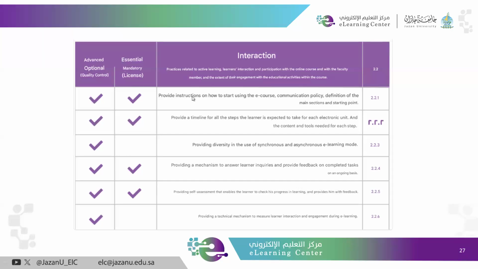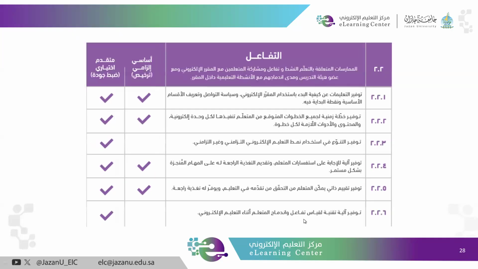Interaction standards are there, like provide instructions on how to start using the e-course, communication policy, definition of the main section as a starting point, provide a timeline for all the steps the learner is expected to take for each electronic unit, and the content and the tools needed for each step, providing diversity in the use of synchronous and asynchronous e-learning mode, and providing mechanisms to answer learner inquiries and provide feedback on completed tasks, and providing self-assessment that enables the learner to check his or her progress in learning and provides him or her with feedback, providing a technical mechanism to measure learners' interactions and engagement during the e-learning.